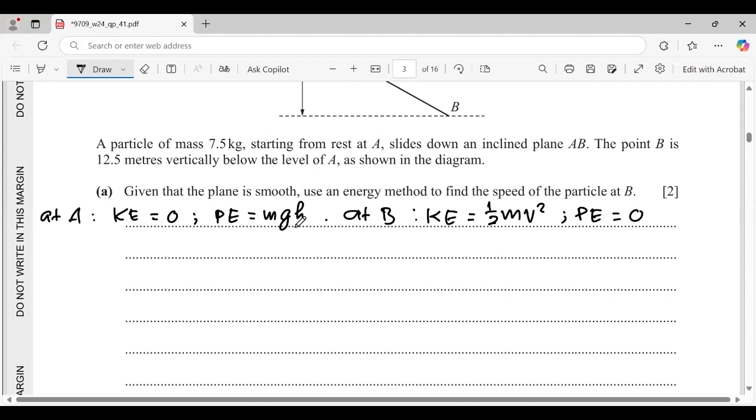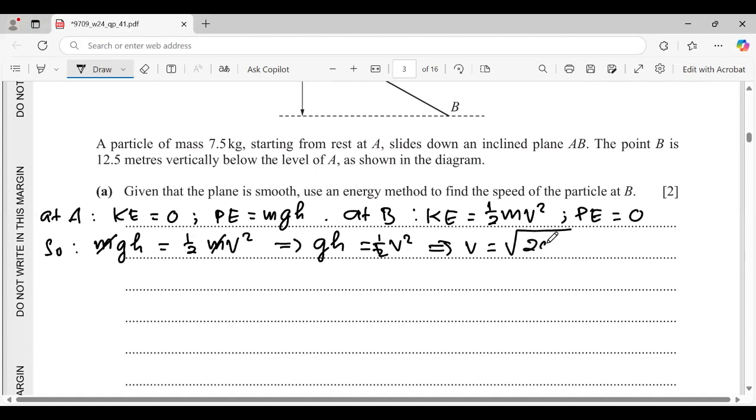So we can write that m times g times h equals 1/2 mv squared. M divided by m equals 1, so g times h equals 1/2 v squared, or v equals the square root of 2 times g times h.